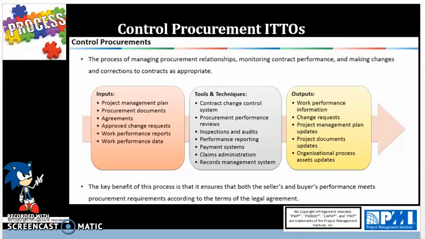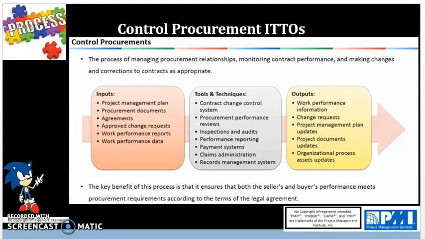So performance review is basically looking to see how well the seller is doing and raising change requests to make sure that it meets project goals. Then you have inspections or reviews to inspect to see if the contract requirements are being met in a proposed project.